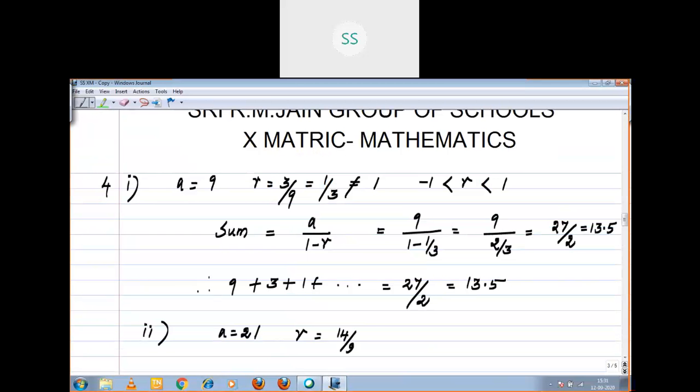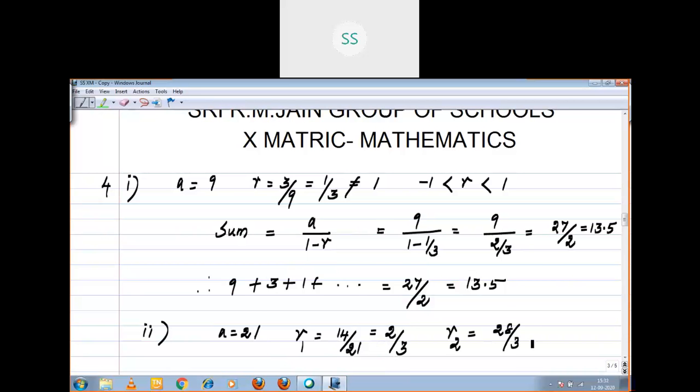Second subdivision. What is your a here? A equal to 21. What is your r? R equal to 14 divided by 21, that means 7 2s are 14, 7 3s are 21.